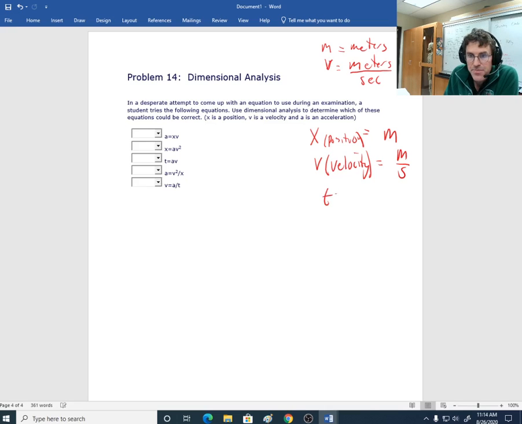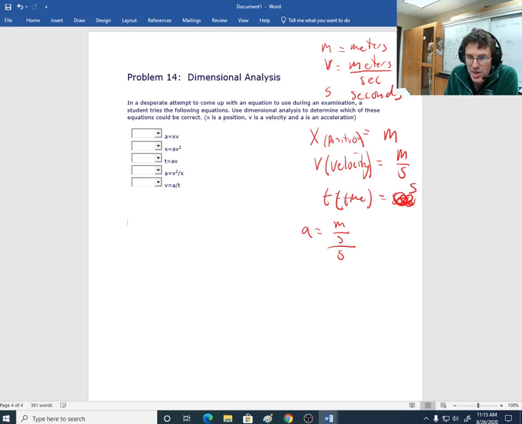Okay, time, a good unit that we will always use, well, we'll use a few others, is seconds. S stands for seconds. And now acceleration is a meter per second every second.